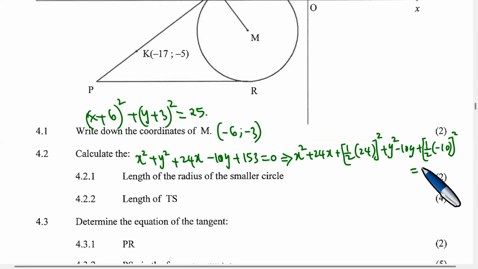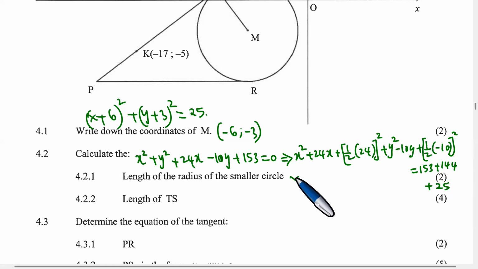And this is the same as 153. Half the coefficient of 24 is 12. If you square that, it becomes 144, which is added to the other side. You take half of minus 10, it's minus 5. You square, it's 25.